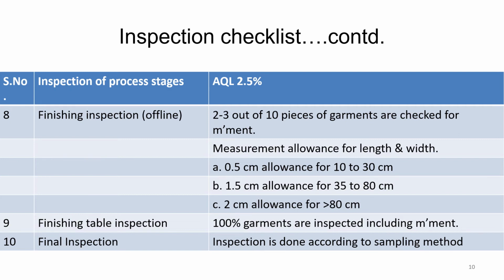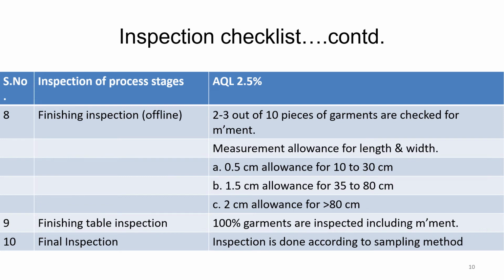Anything less than 83 centimeters or more than 87 centimeters will be rejected. That is the meaning of 2 centimeter allowance. So that is finishing inspection offline. And then we talk about the finishing table inspection, where 100% of the garments are inspected, including the measurements.